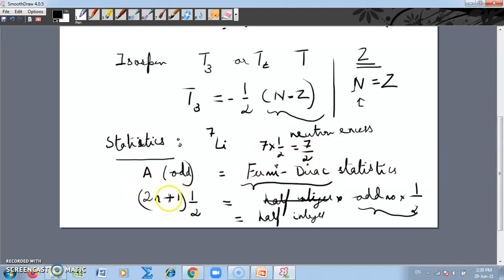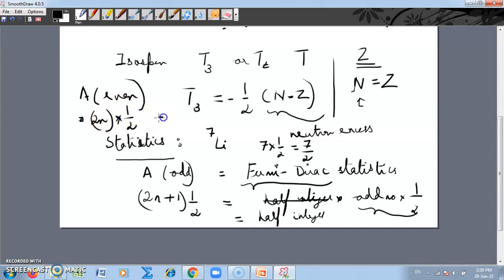Similarly, when A is even, then A must be equal to 2n, and that multiplied by half will be the total spin.